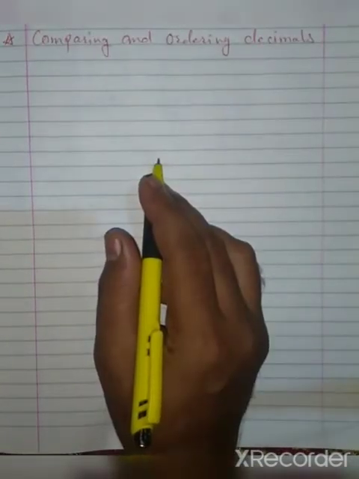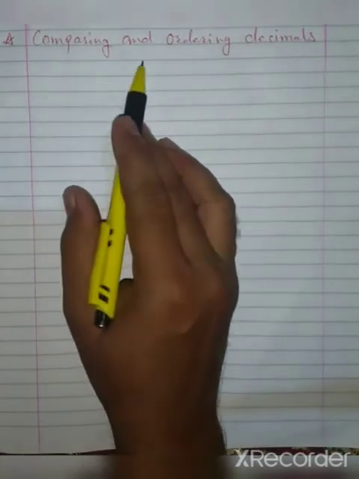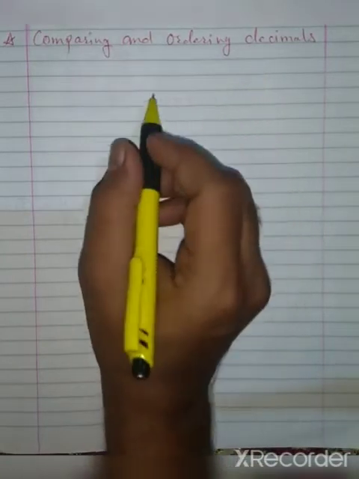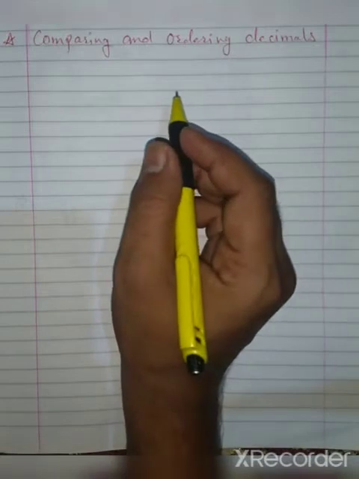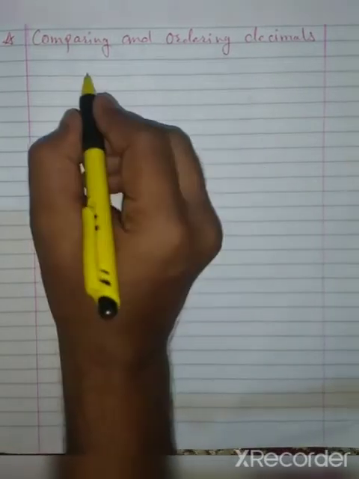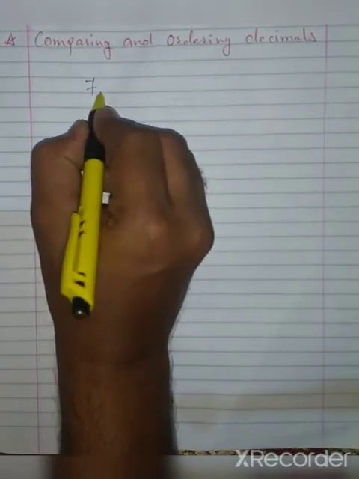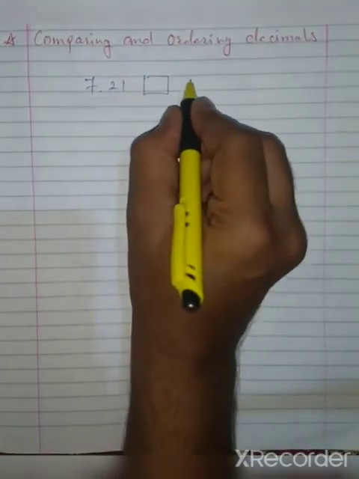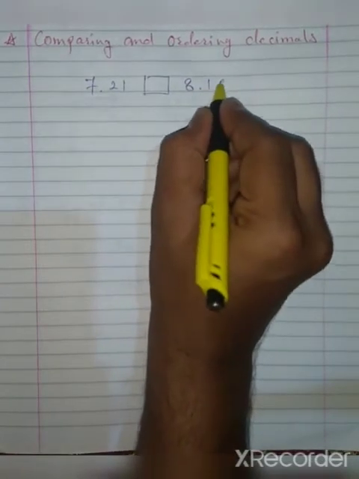Now our other topic is comparing and ordering decimals. To compare two or more decimals, or to order them, first of all we have to convert them into like decimals. Suppose I am writing one question here: 4.21. We have to compare this decimal with 8.16.